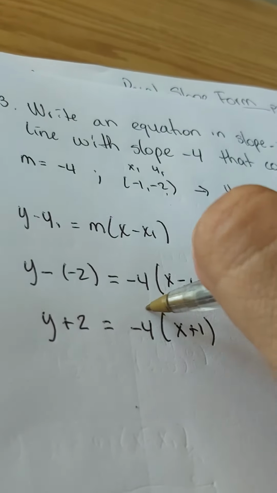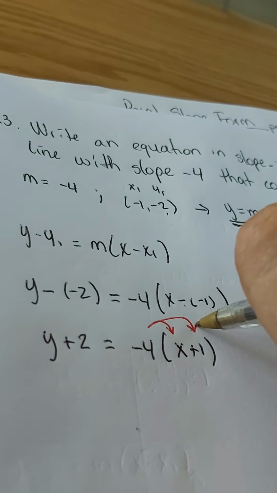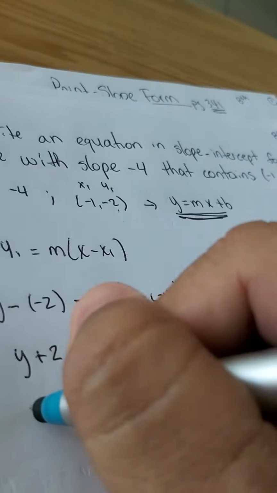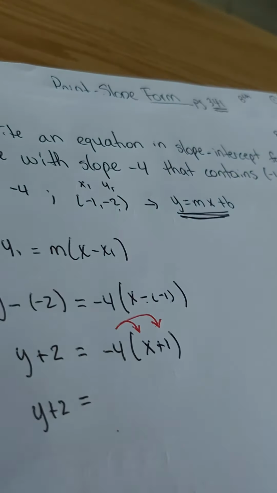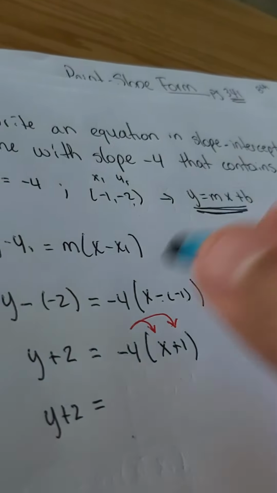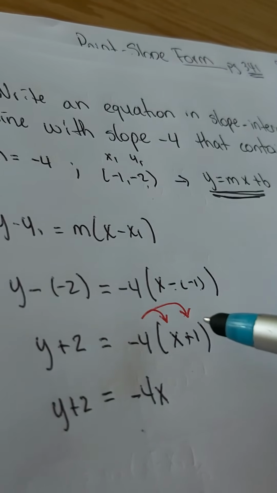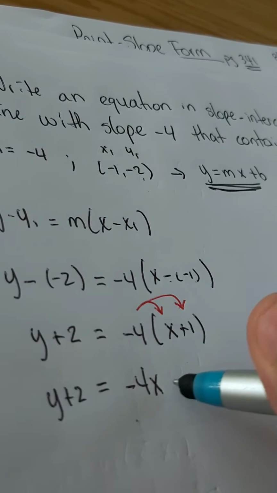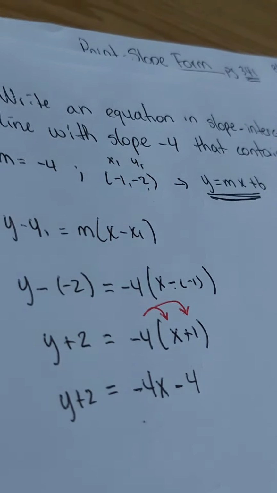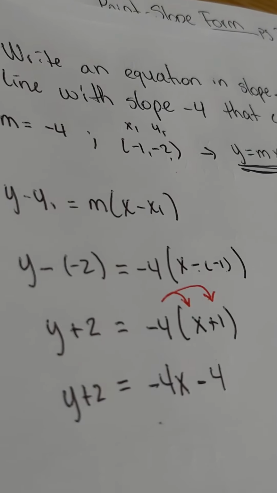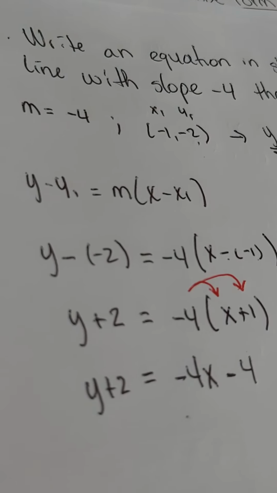First, we do distributive property. Okay? And we get y plus 2 equals -4 times x, -4x. -4 times +1, -4.